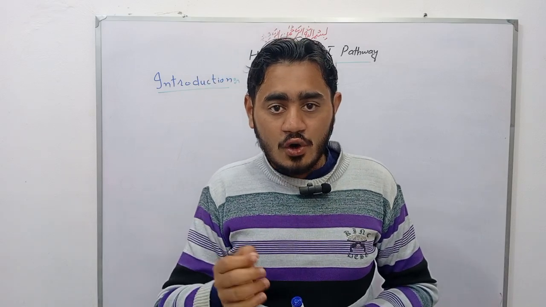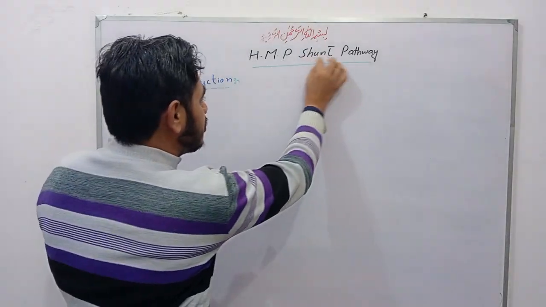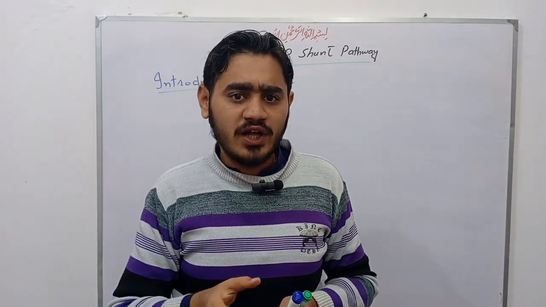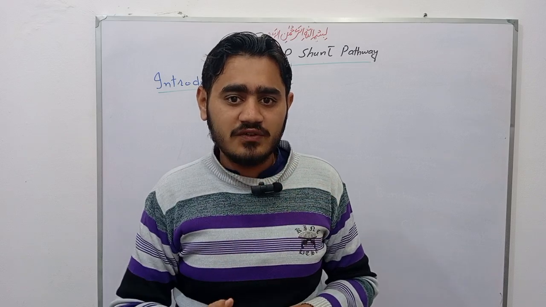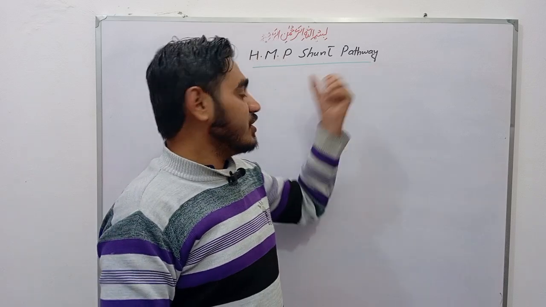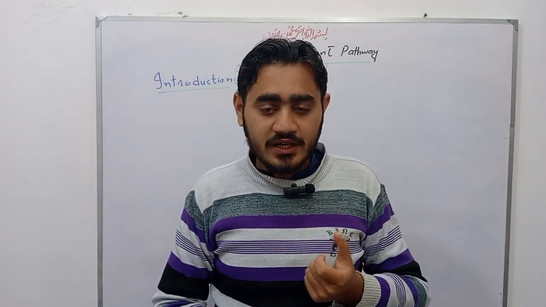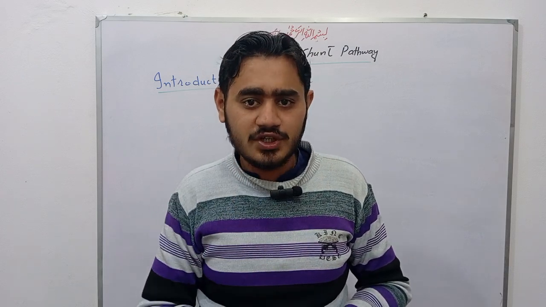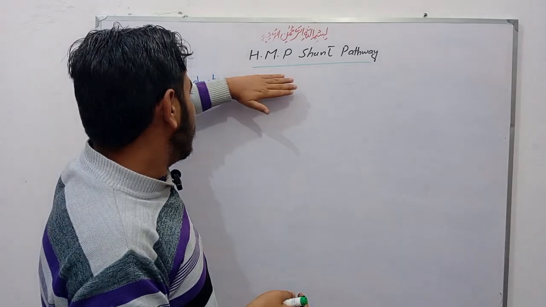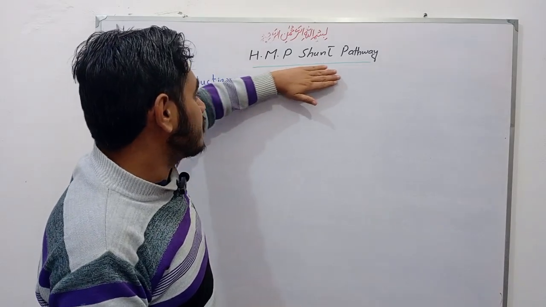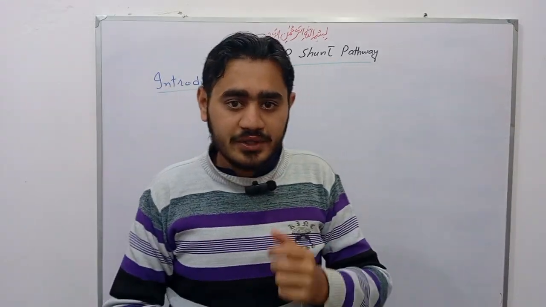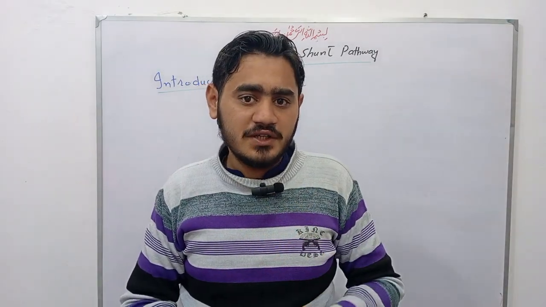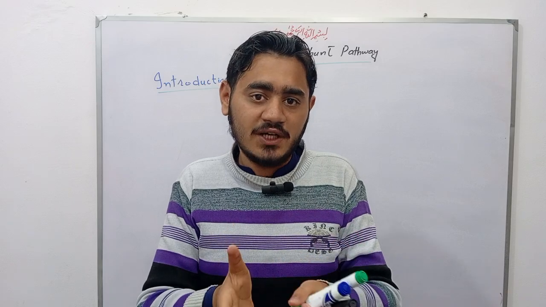Now why is this called a shunt pathway? Because some steps of glycolysis are used in this pathway, so that's why it is called a shunt pathway. And in this pathway there is synthesis of a single phosphate, so that's why it is called hexose monophosphate shunt pathway. There are some other names of HMP shunt pathway, that is pentose phosphate pathway.